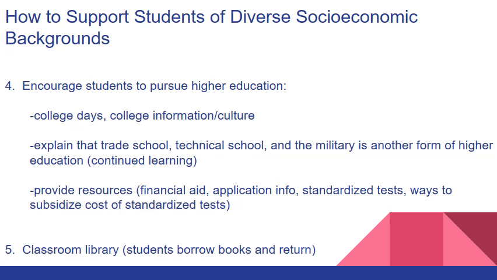For some families, $95 or, I'm not sure exact price of the ACT or the SAT. Either way, let's say it's around $100. That can be a significant burden for many families. And so it's important that as an educator, you help students apply for those subsidized costs and for that financial aid so they have equal access to attend college.